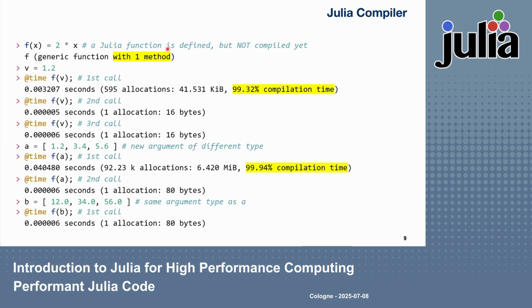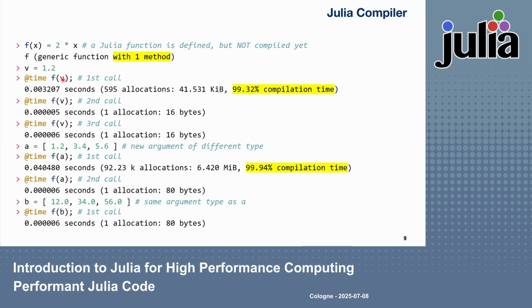You can get rid of the star and just write f(x) = 2x. This works also. After this function is defined, you will see that you have a function with only one method. This is understandable, as Alex mentioned this morning, with multiple dispatch. Then you define a variable, v = 1.2, very simple.